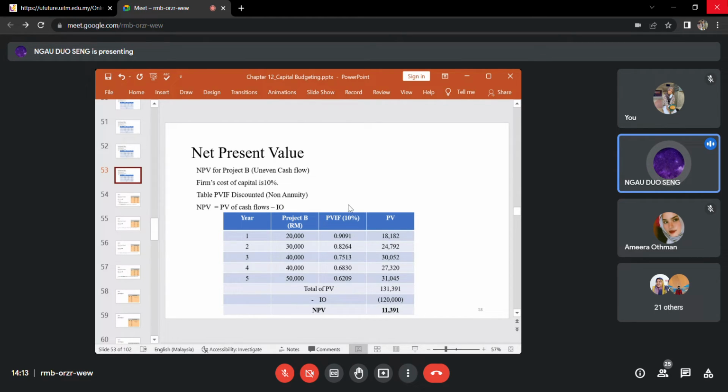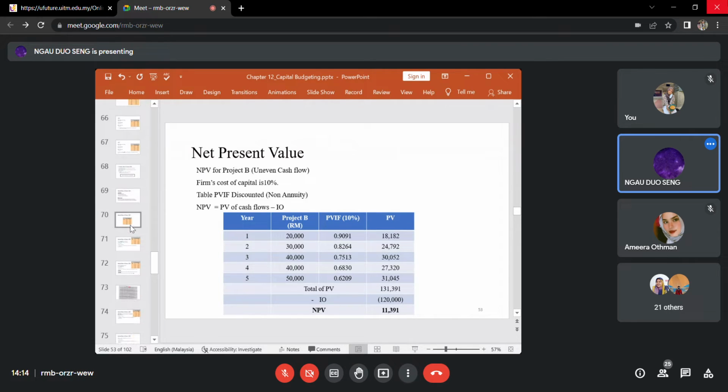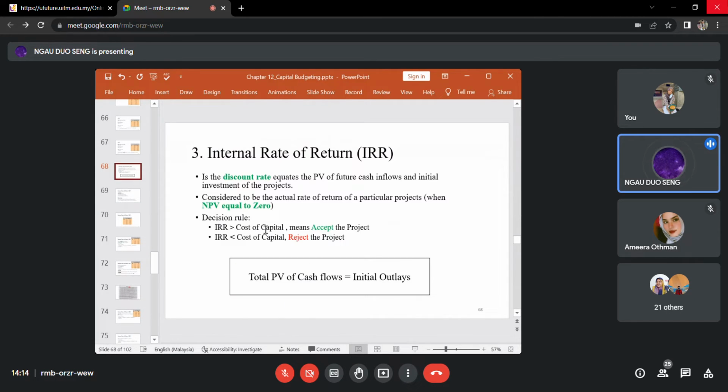So now we need to calculate the percentage, which is the IRR, when NPV equal to 0. All right, so decision rules: we have IRR greater than the cost of capital, of course. Return is higher than cost, meaning that we are going to accept the project.